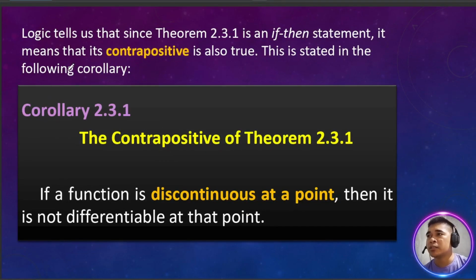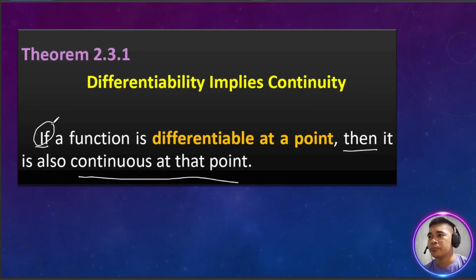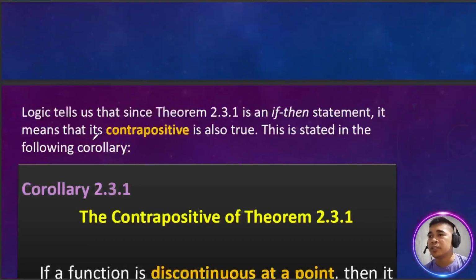So logic tells us that since theorem 2.3.1 is an if-then statement, so we have the if, then we have the then, it means that its contrapositive is also true.